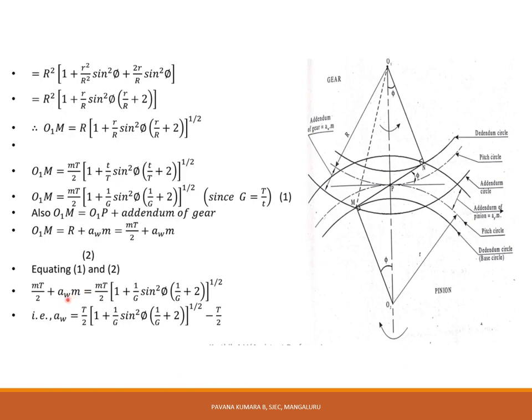First this term you move to the right hand side. So what happens, entire expression minus mt divided by 2. Here m is common, so m cancels. So AW is equal to t divided by 2 times this expression, and whatever left hand term is there moves to the right hand side with a negative sign, minus t divided by 2.